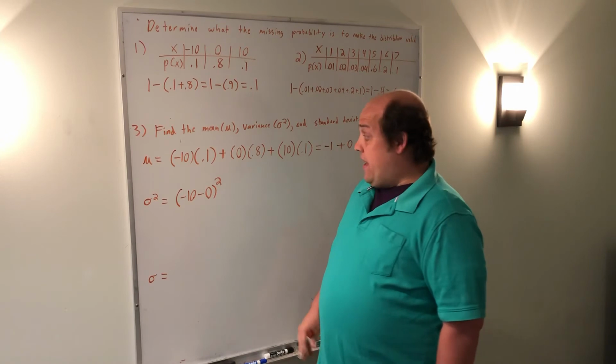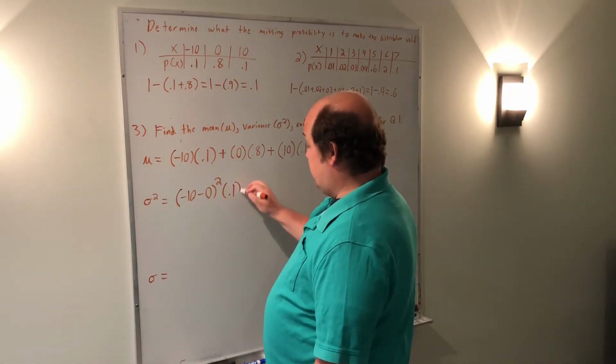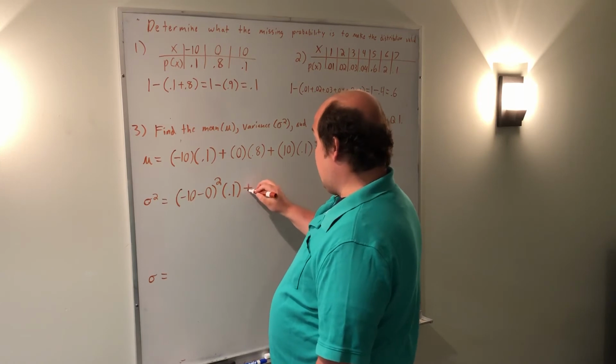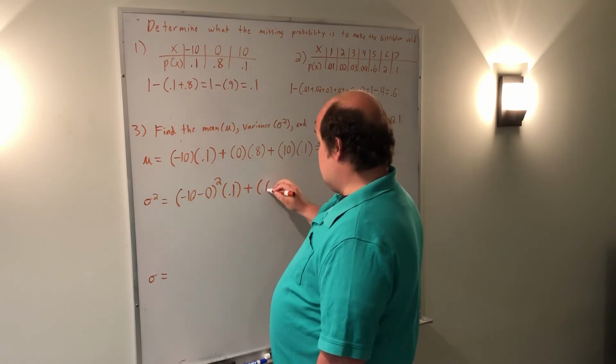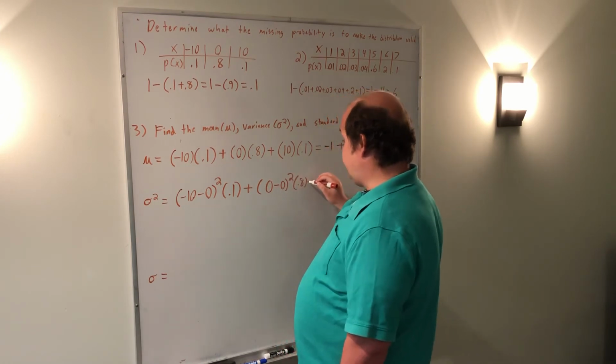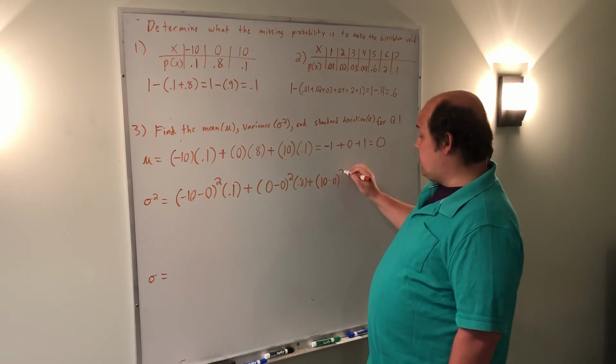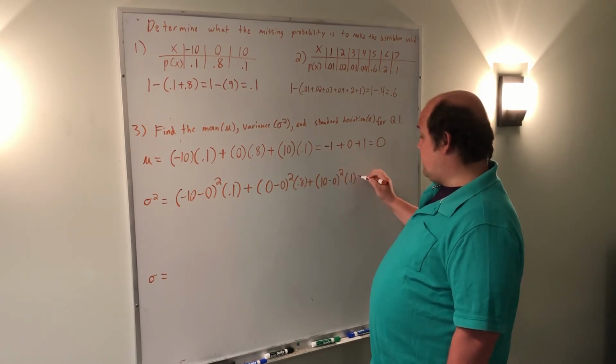So we don't worry about any of the division. Instead, we just multiply it by its probability. We're going to add to that 0 minus 0 squared times 0.8. We're going to add to that 10 minus 0 squared times 0.1.